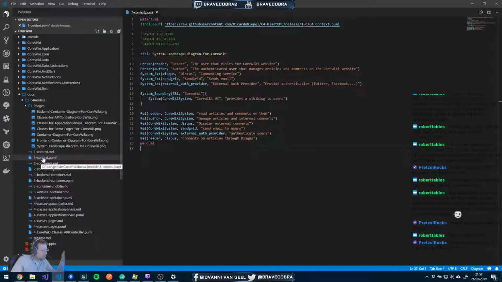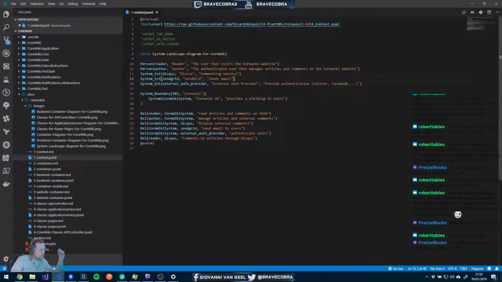So if you go look at the context, you include the URL, which gives those nice little icons in different colors, right? Because plain PlantUML isn't worth seeing, basically, not in my opinion.